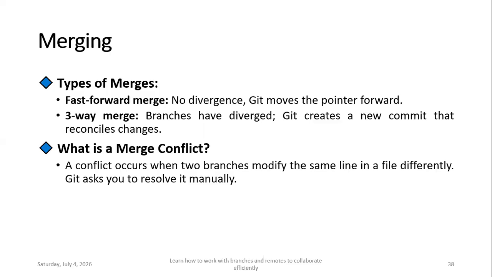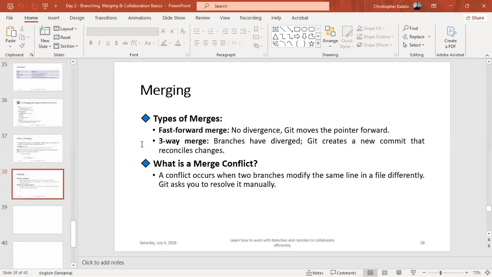And this is called the three-way merge. And as I said, a merge conflict occurs when two branches modify the same line in a file differently. So Git will ask you to resolve it manually.